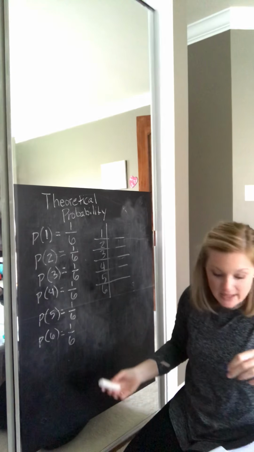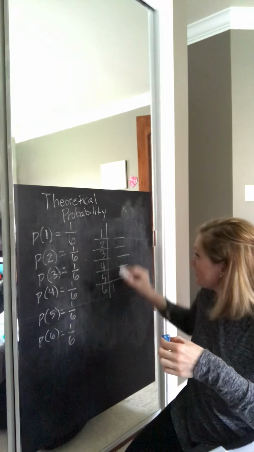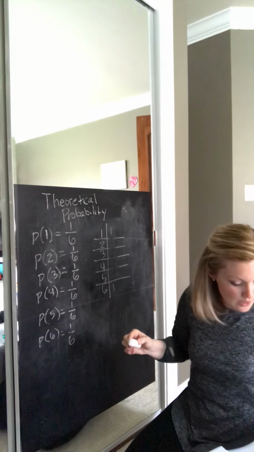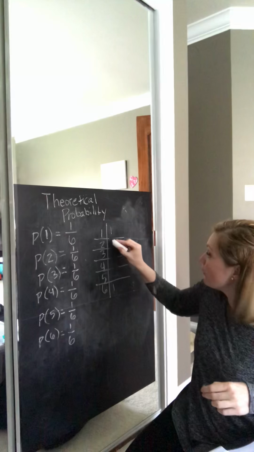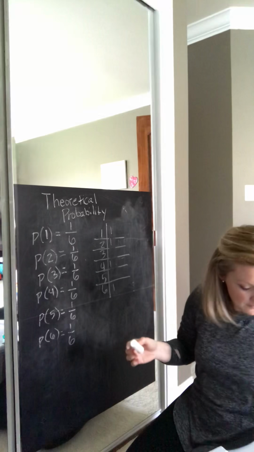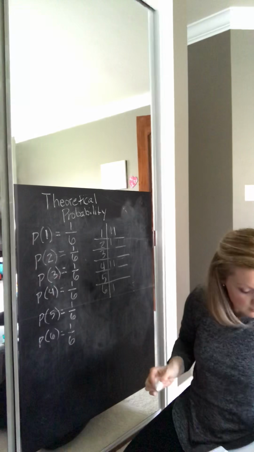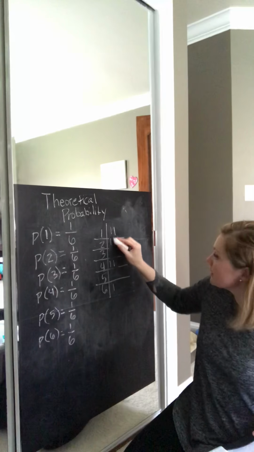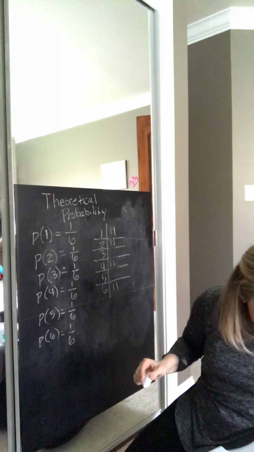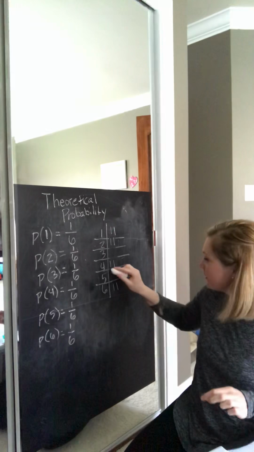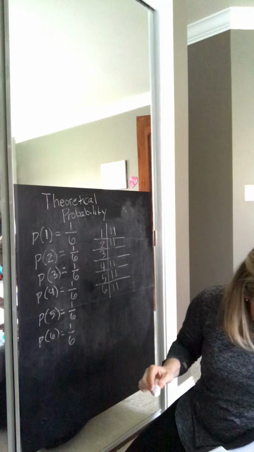So I got a 6 and then a 1 on this one. You guys can kind of record with me. I got a 2 and a 4. This is for 50 times. A 4 and a 1. 2 and a 6. A 5 and a 5. It's kind of funny. A 5 and a 2.